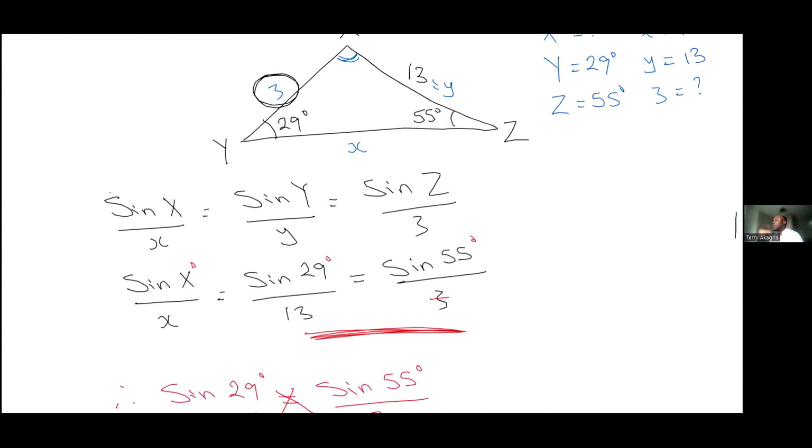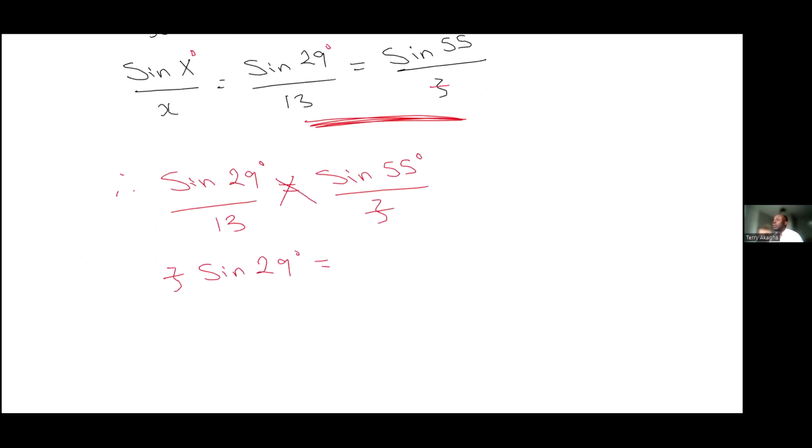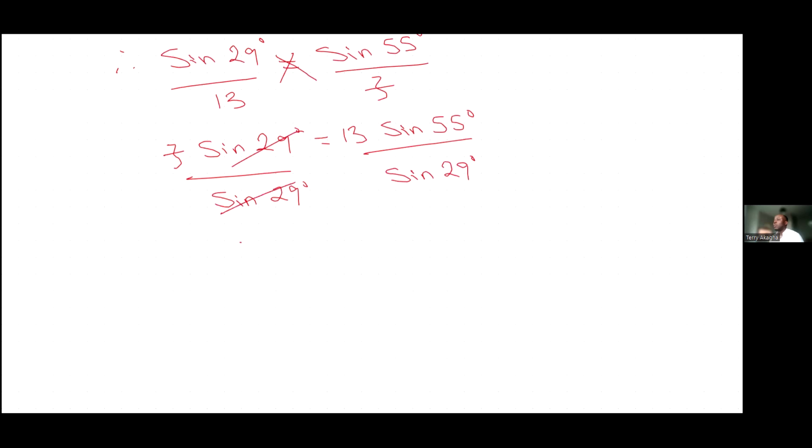So we have z sine 29 equals 13 sine 55 degrees. We're looking for z, so we divide both sides by sine 29 degrees. This cancels that, and we have z equal to 13 sine 55 degrees divided by sine 29 degrees.